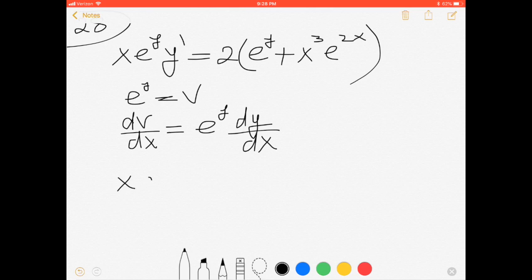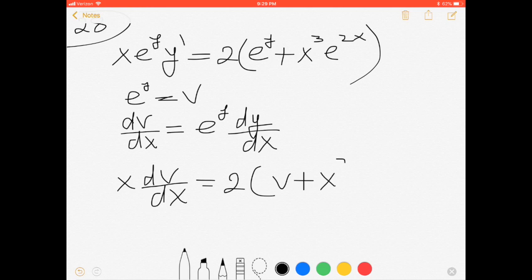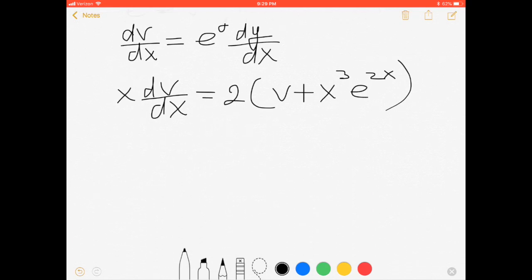It will be x dv dx, sorry, that's the left part, and the right part will be twice v plus x cubed e to the power 2x. Okay, move everything to one side and divide by x.